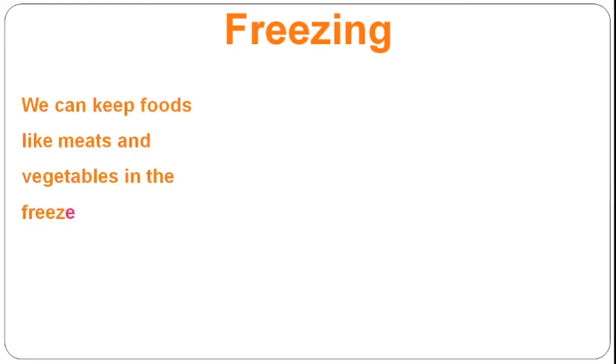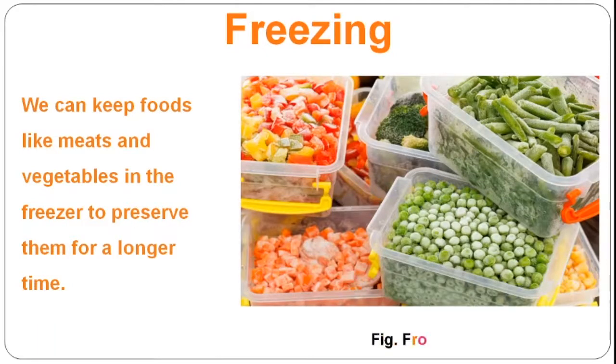Well, now comes freezing. We can keep foods like meats and vegetables in the freezer to preserve them for a longer time. Can you see? These are frozen foods. Yes, this white layer on them is a layer of ice.